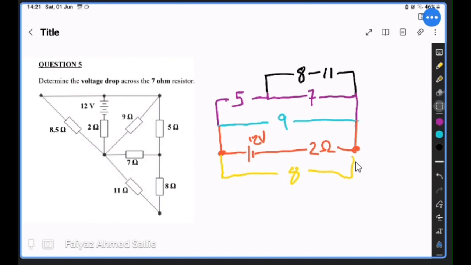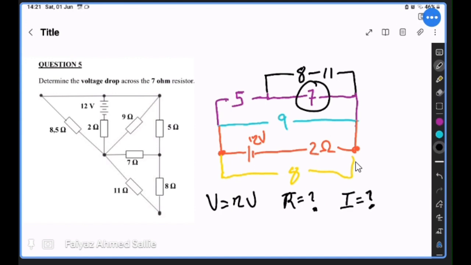Okay, so the question wants us to get the voltage here. So we have the voltage, which is 12 volts. But we need to find the resistors and we need to find the current.